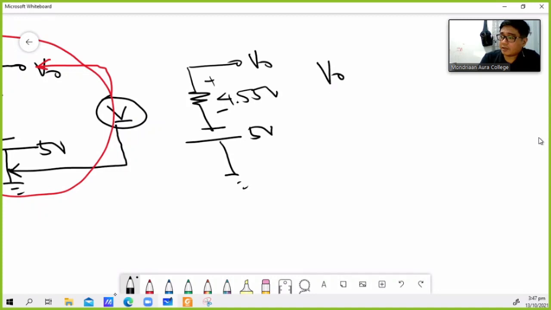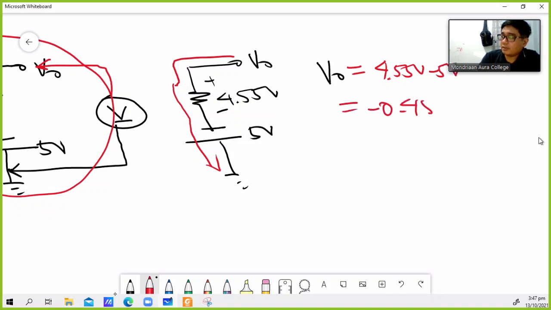And then i-trace natin from V out papuntang ground. So from V out, anong unang papasukan? Si plus. Equals mo na agad yan. 4.55 volts. And then next, ano yung papasukan niya? Minus 5 volts. So that is equal to negative 0.45 volts. Yan yung ating output voltage. Okay?